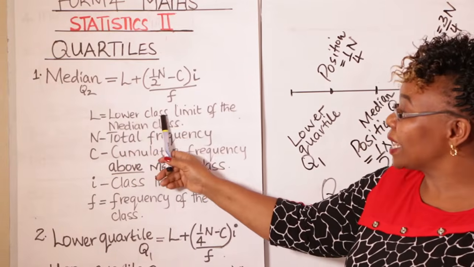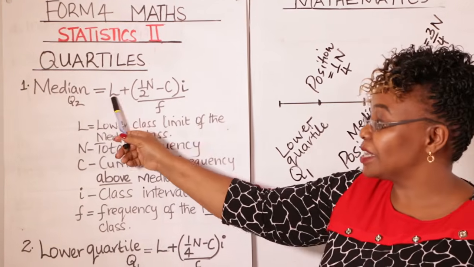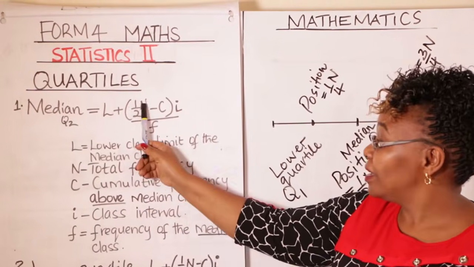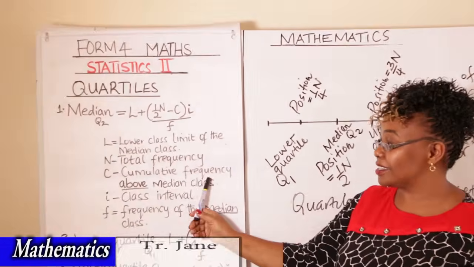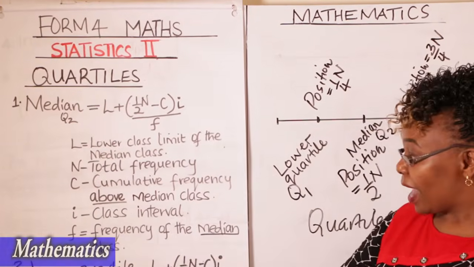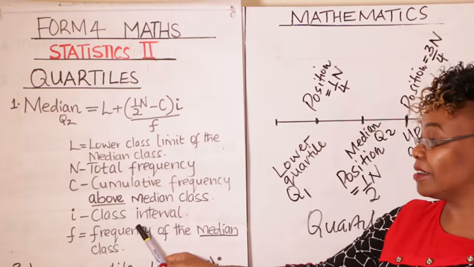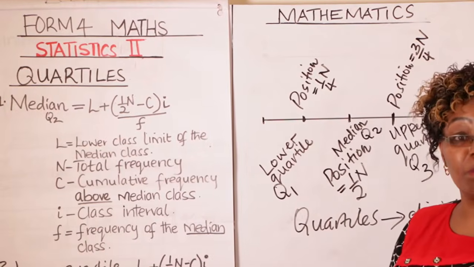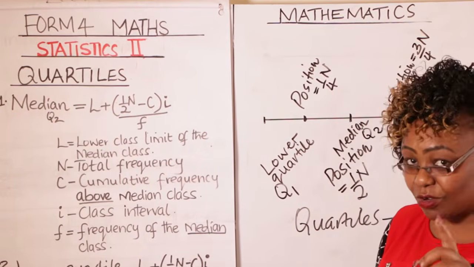L refers to the lower class limit of the median class. N is the total frequency. C is the cumulative frequency above the median class. I is the class interval. F is the frequency of the median class. Learned all that in Form 2.